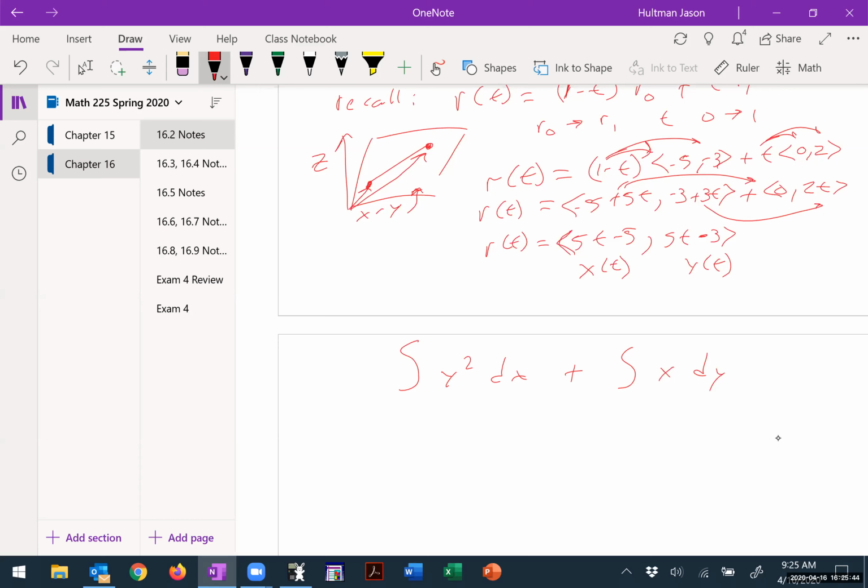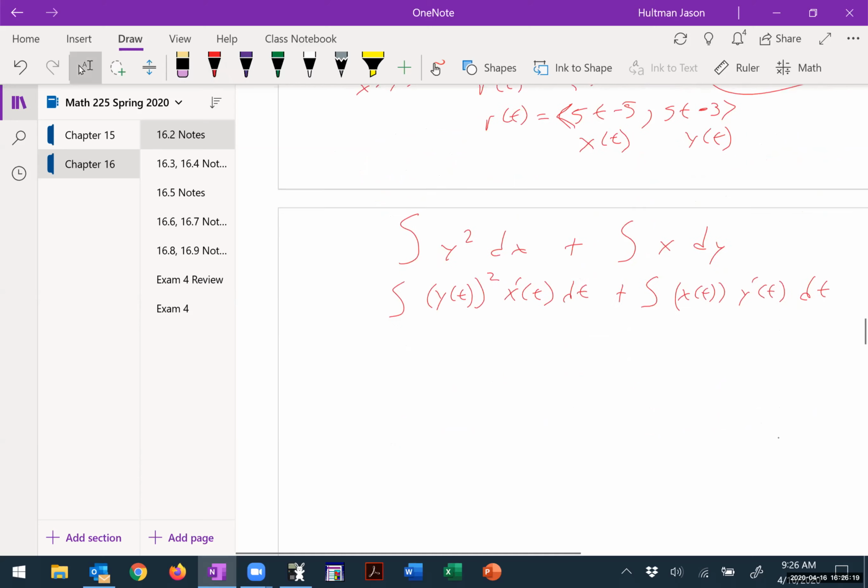So this is going to be y of t squared x prime of t dt plus this is going to be x of t times, sorry, y prime of t dt.